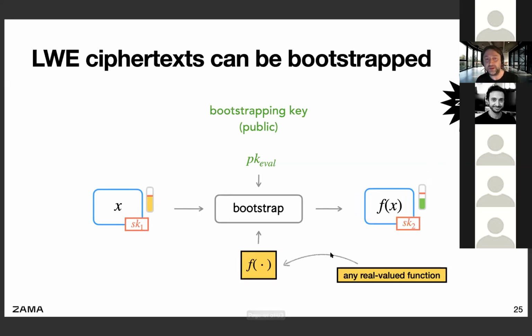But the nice thing with the bootstrapping is that we can make it programmable, in the sense that at the same time that we're bootstrapping and resetting the noise, we can, virtually for free, apply a univariate function to the plaintext. And this function doesn't have to be linear or anything. It can be any function. So it's very interesting, because it allows you to do nonlinear operations virtually for free.